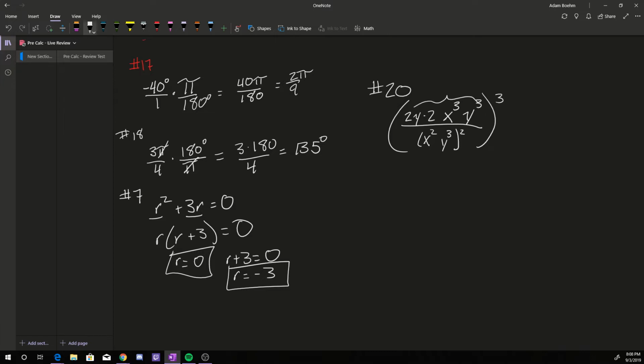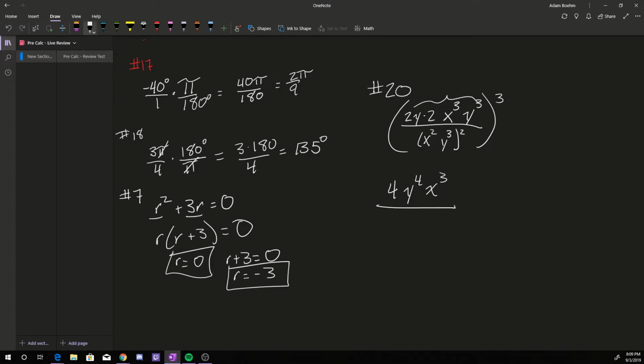So we want to multiply common terms. 2 times 2 is just 4. Y times y cubed is y to the 4th, because when we're multiplying things of the same base, we're just adding their exponents. And then x cubed is on its own.